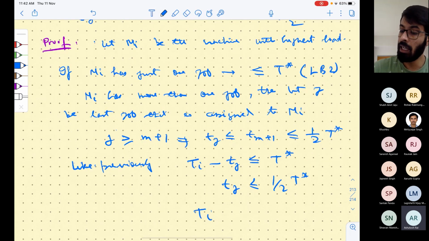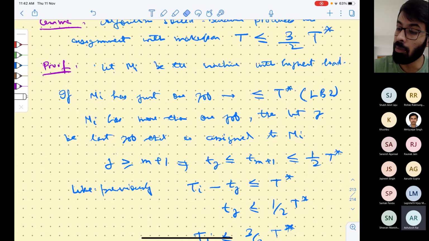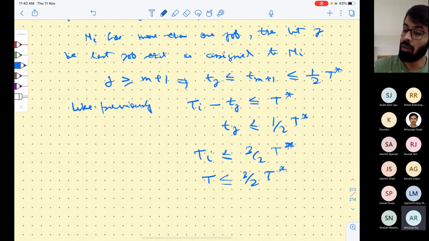So sum them up, Ti is less than or equal to 3 over 2 T star. And this Ti is what we had assumed, that Mi is the machine with highest load. So that means T is less than or equal to 3 over 2 T star, since Mi is the machine with highest load.